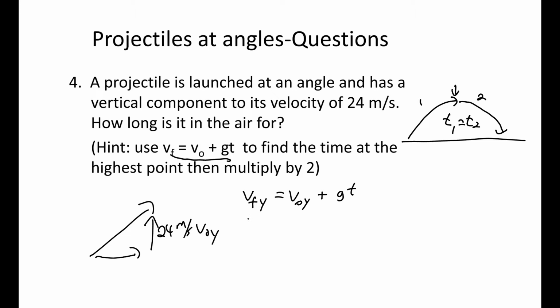So we get 0 equals voy, which is 24, and that's positive 24 since it's going up initially, plus negative 9.8 times time. And what is our time to get to the highest point? 2.45 seconds. So now we want to multiply that by 2.